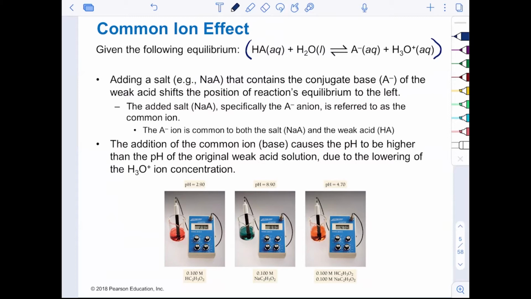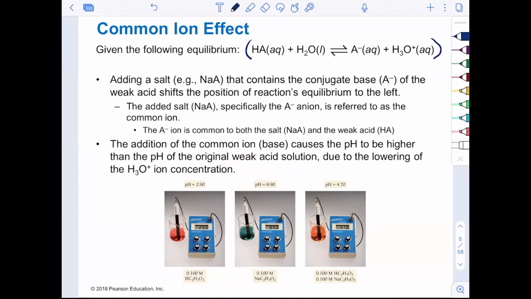All right, the added salt, specifically the A- anion, is referred to as the common ion. The acid plus its conjugate base are called common ions. So the addition of the common ion causes the pH to be higher than the pH of the original weak acid solution due to the lowering of the H3O+ cation.